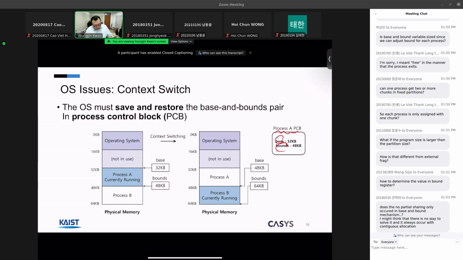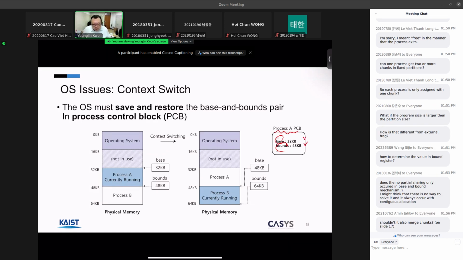The process control block has to save these two register values, base and bound. When a context switch happens, the base and bound register values are changed to those of a different process.